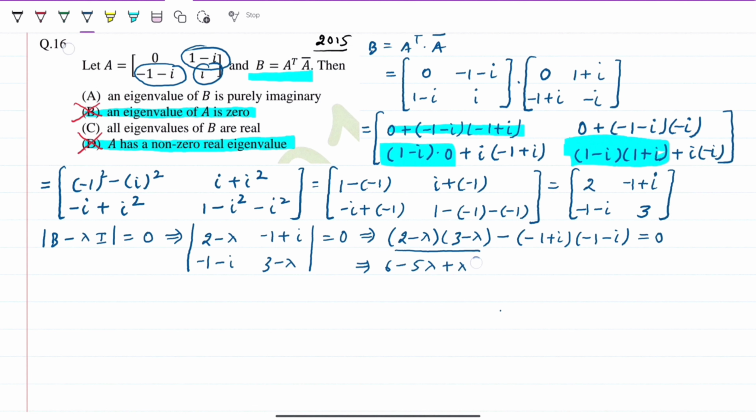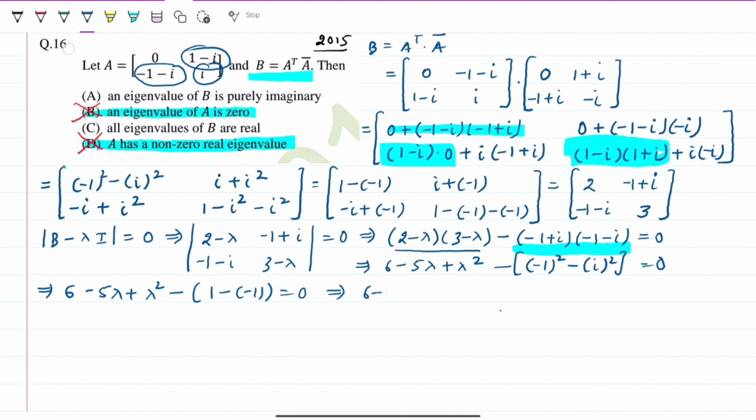Again, these two factors are of the form (a plus b) into (a minus b). So this is going to give us a square, which is minus 1 square, minus b square, equal to 0. So we have 6 minus 5 lambda plus lambda square, and from this expression we will get 1 minus negative 1 equal to 0.